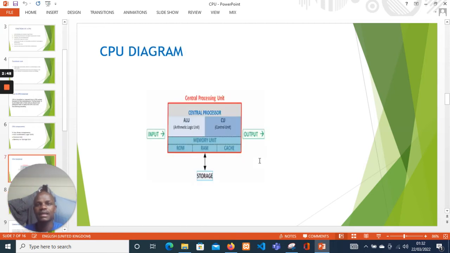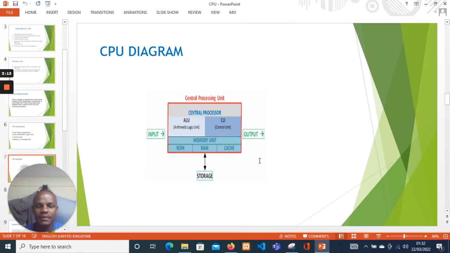So here is a diagram of the CPU. At the top there we have the central processor, we have the ALU, the arithmetic logic unit, we have the CU, that one is the control unit, and then down there we have the memory unit.